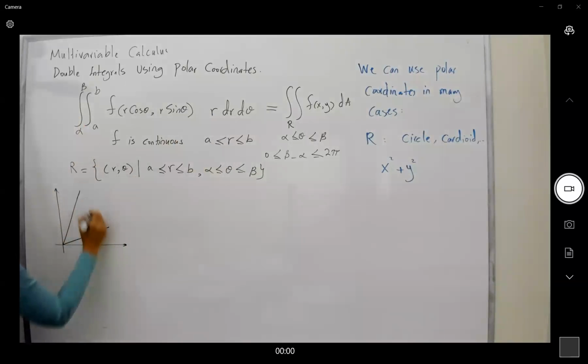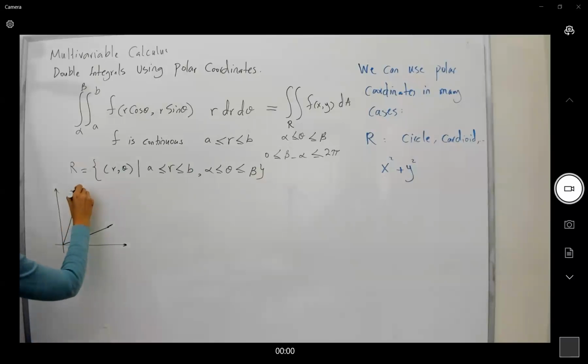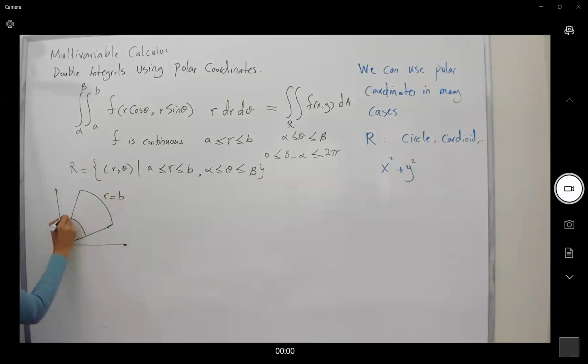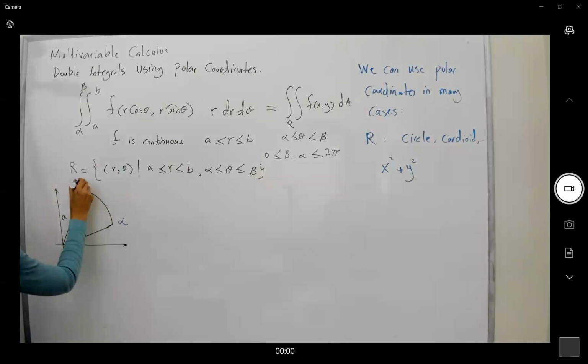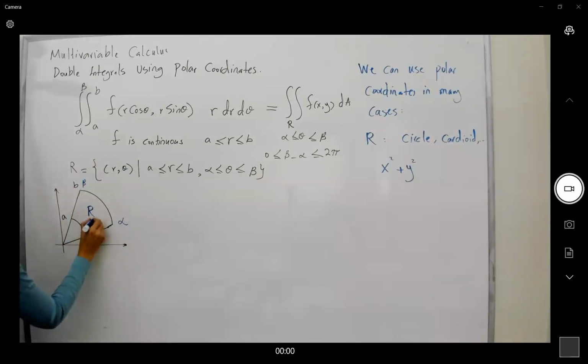Here we have r equals b, and here r equals a, with theta alpha and theta beta. Suppose this is the region that you have. This is your R.